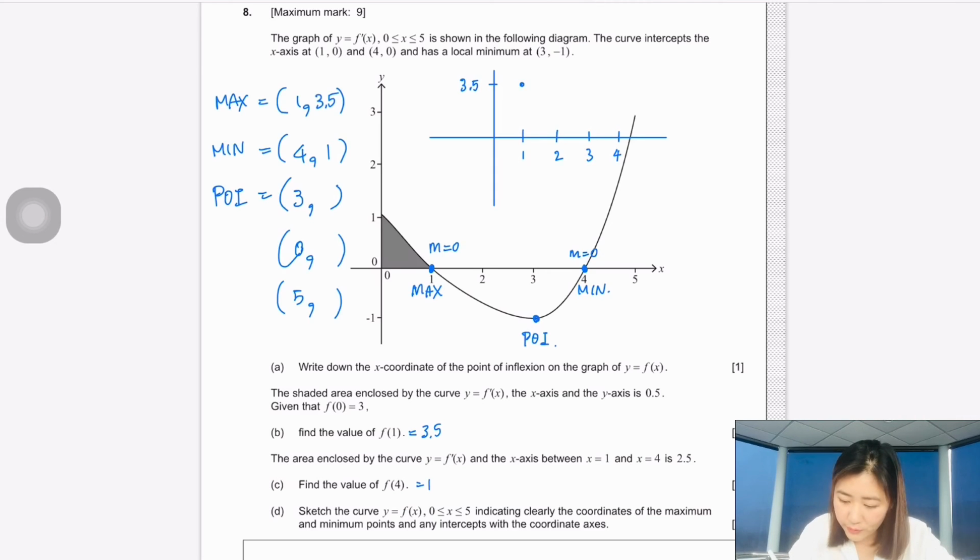And for 4 you will get a minimum at 1. So this is 1. And then try to make this graph go through the maximum and minimum.